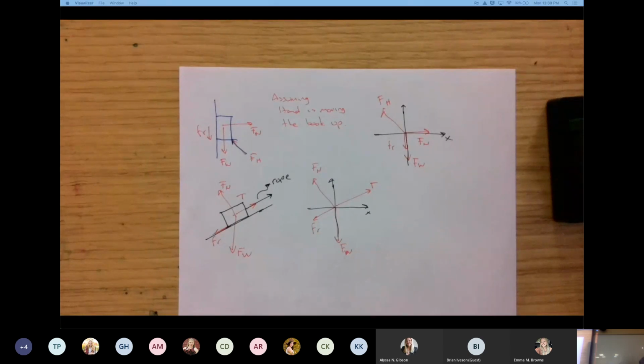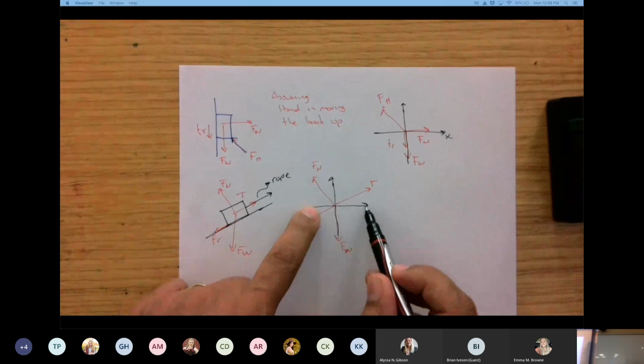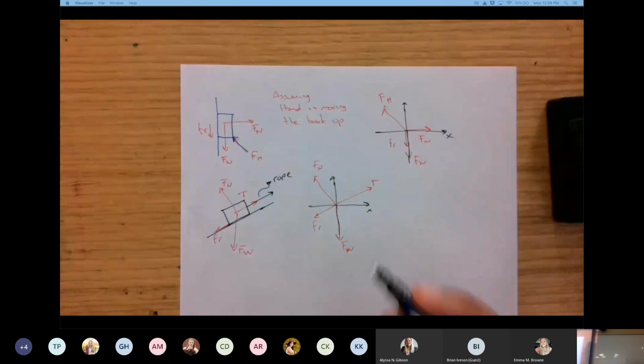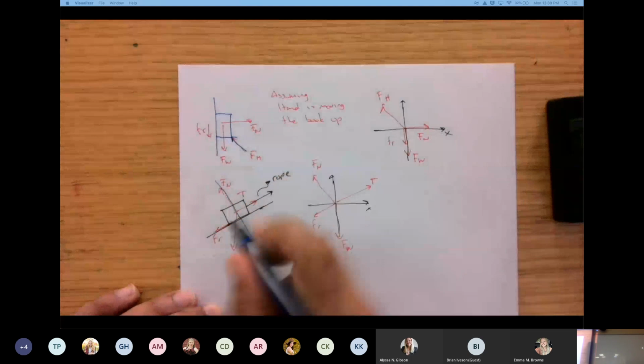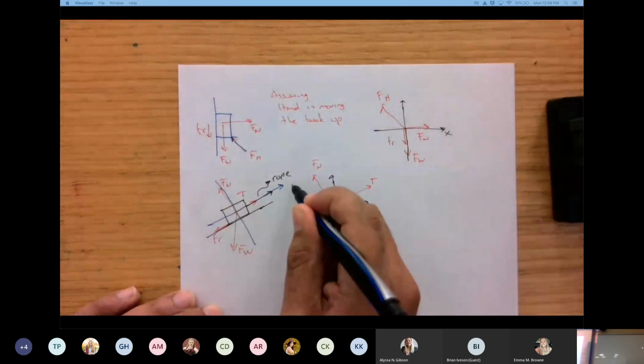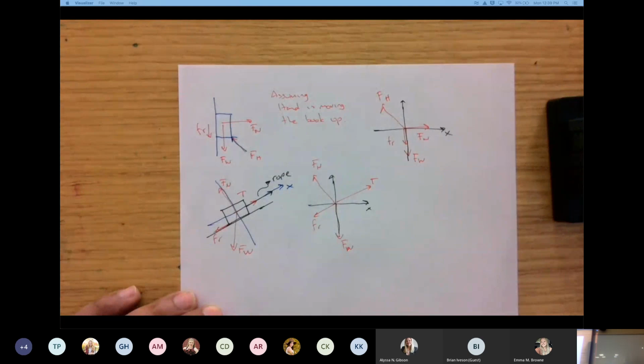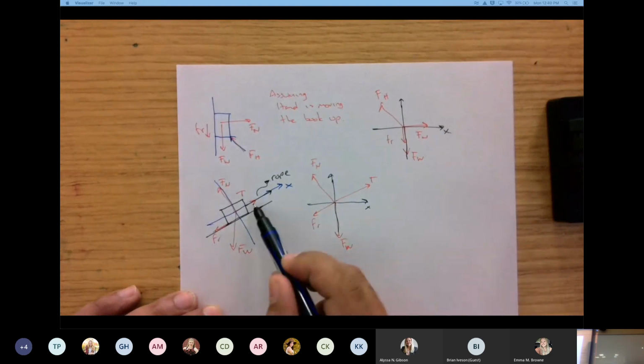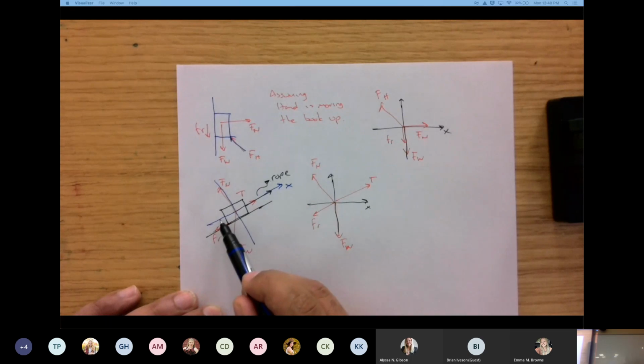So what I usually do is tilt my frame of reference in such a way that the x-axis is parallel to the surface, so that the x-axis is parallel to the floor. By doing that, the tension is on the x-axis, the friction is going to be on the x-axis, the normal force is going to be on the y, and then the weight is going to be somewhere in the third quadrant.